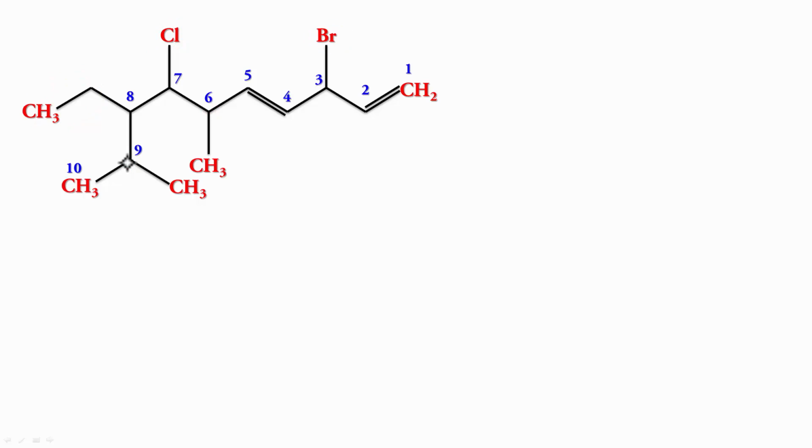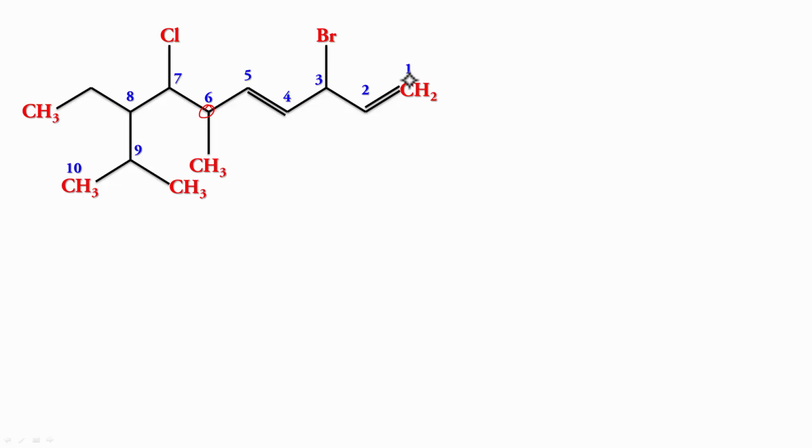So it looks like 3-bromo, 7-chloro, 8-ethyl, and we have 1 methyl sitting at 6 and 1 methyl sitting at 9. So it should be 6,9-dimethyl. And how many carbons? 10, deca.